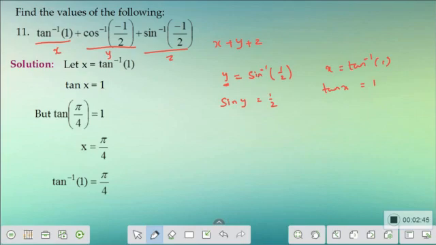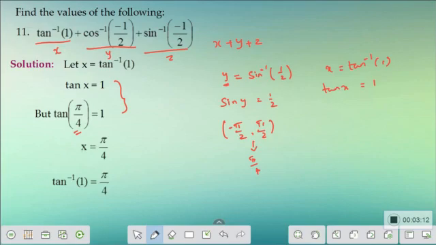Hence, pi by 4 is a value among the open interval minus pi by 2 to plus pi by 2. So we can take pi by 4 as the principal value here. From these two, we understand that x is equal to pi by 4.